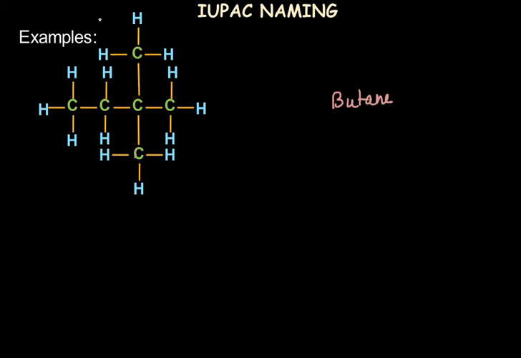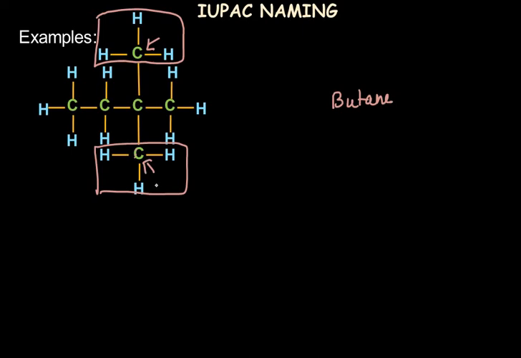Here there are 2 substituent groups. One is this one and the other is on the other side of the chain. Both groups carry only 1 carbon atom, so both are methyl groups. Now if we number it, we have to start numbering from the end of the carbon which is closest to the substituent groups.